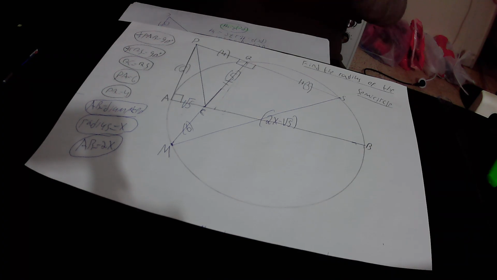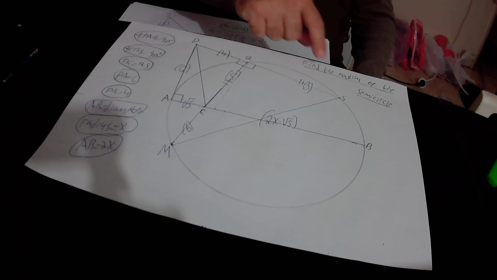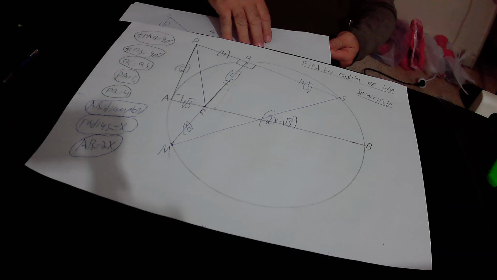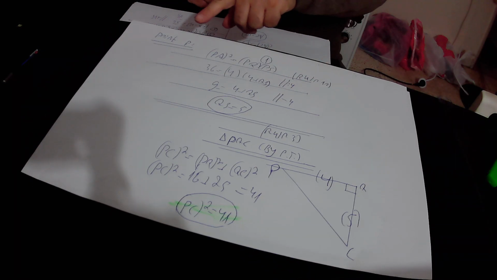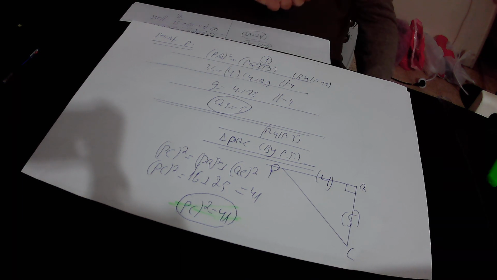Therefore, we can implement it. According to rule number 10, PA square equals PQ times PS. I'll repeat again. If we focus on the common external point, point P, according to rule number 10, PA square equals PQ times PS.